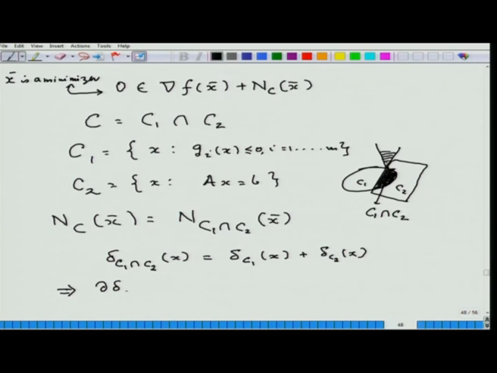the subdifferential. Again, these are proper lower semi-continuous convex functions, and of course, I have not defined much about lower semi-continuous convex functions; we will do it very soon in much more detail.